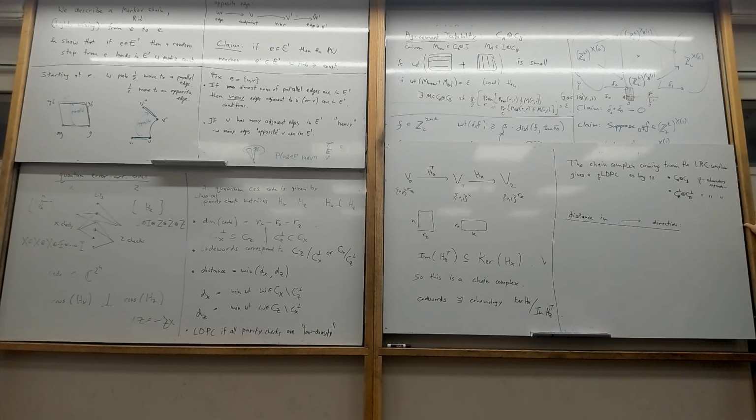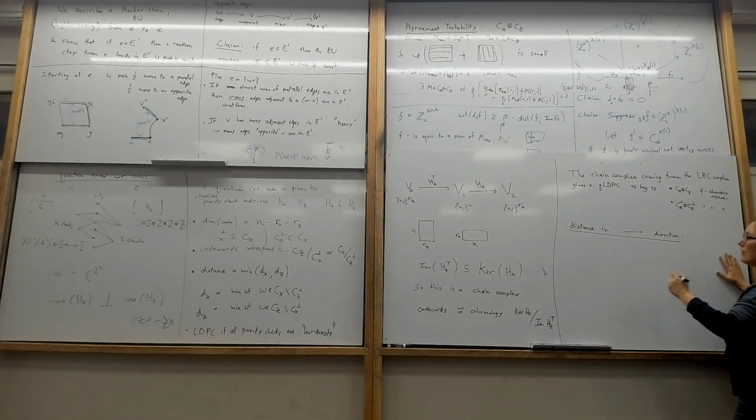I want to show that either it's completely in the image of something coming from below, so it's in the image of delta 0, or if it's not in the image of delta 0, it must be high weight.